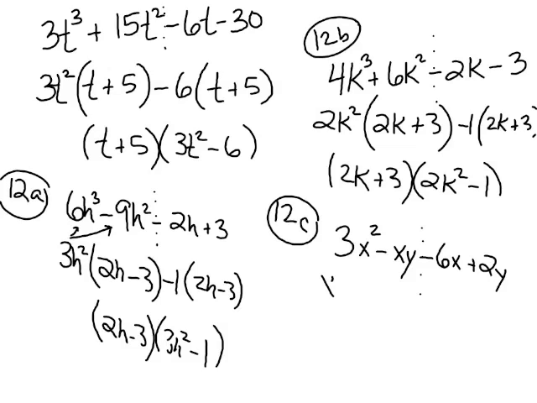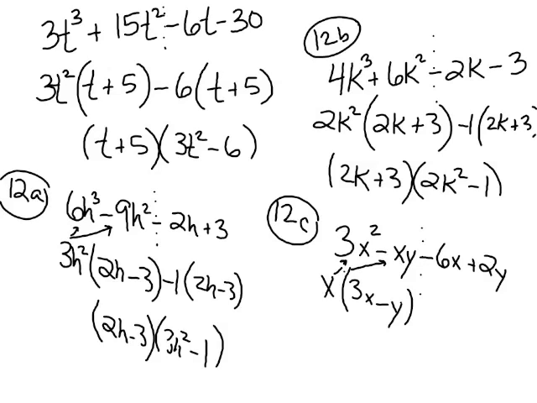An x. So I'll have 3x. And how do I get an x back to a negative xy? Negative y. Right? X times 3x is 3x squared. And then x times a negative y is a negative xy.